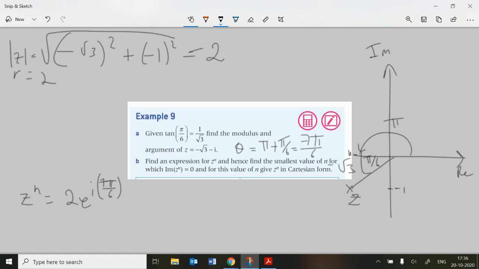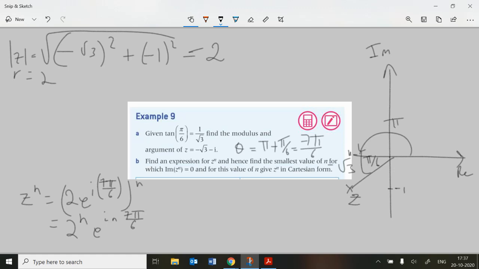And we want to raise this to the power of n. So this is essentially our complex number, we've just written it in Euler's form there. And now we can say we've got 2 to the n e to the i n 7 pi over 6. I've just brought the n on the inside there.